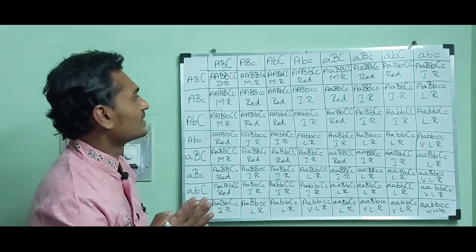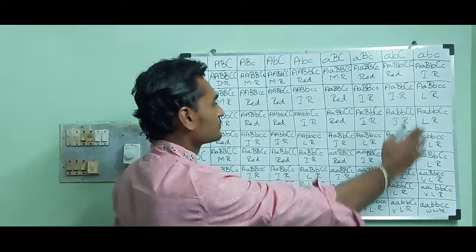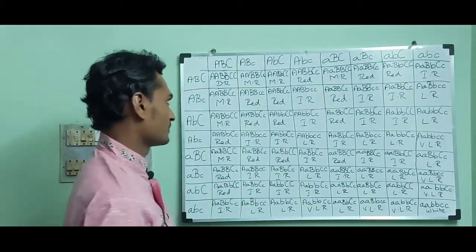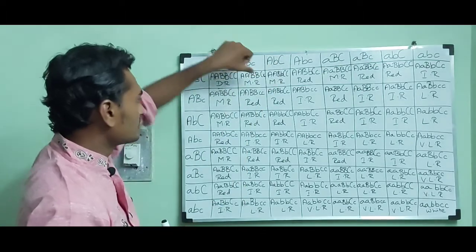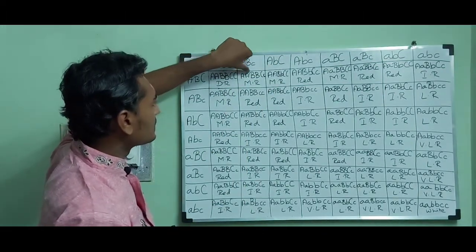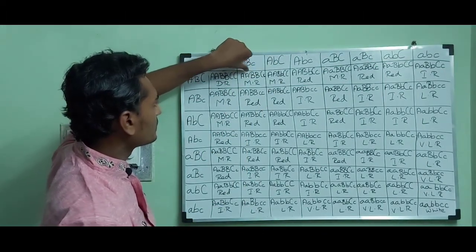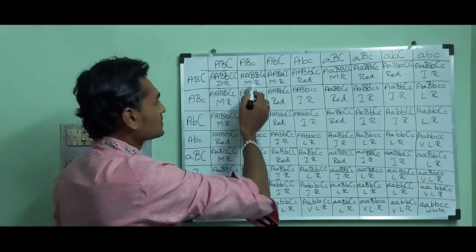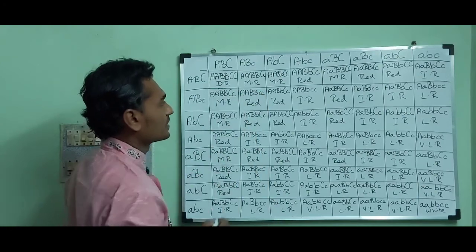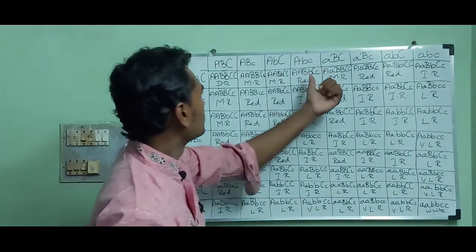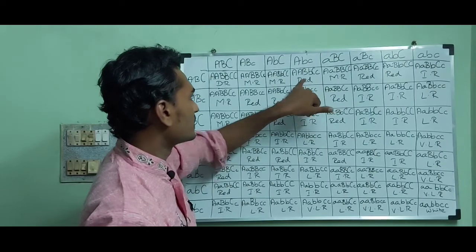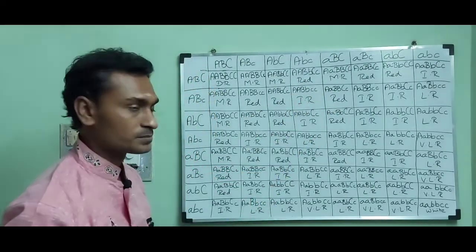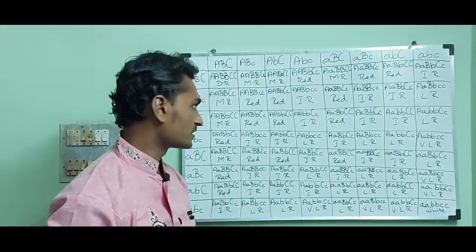Likewise, here we have 64 boxes with 64 phenotypes. In this box 5 dominant alleles are present, so it shows the phenotype moderate red. Here 4, so it is red in color. Here 3 dominant alleles are present, so it shows intermediate red.